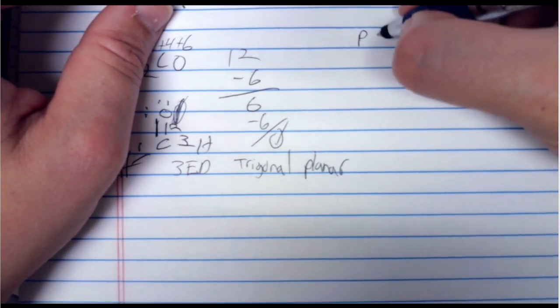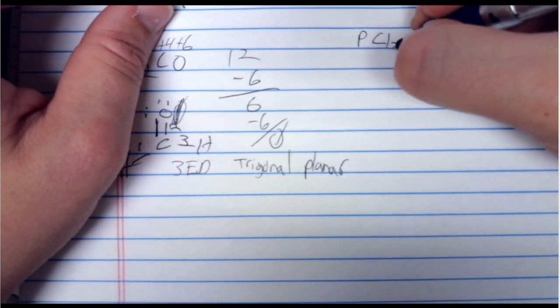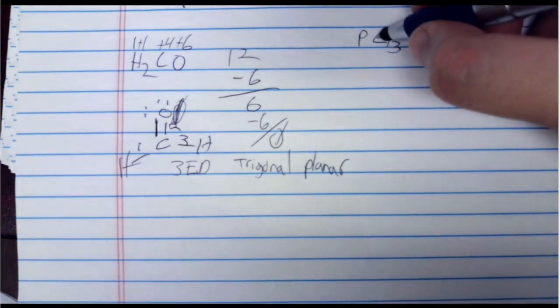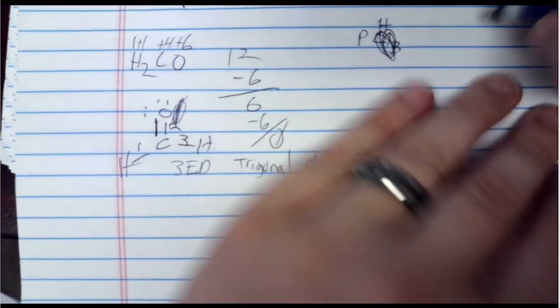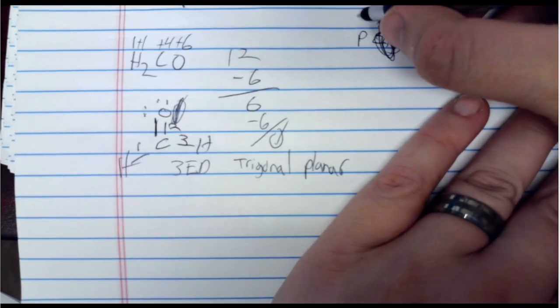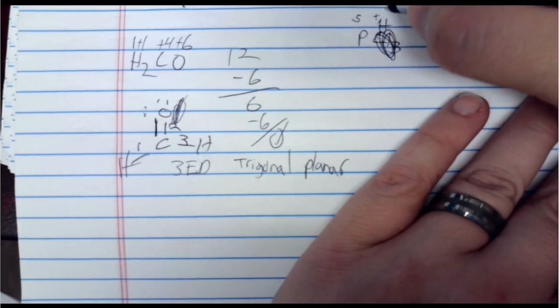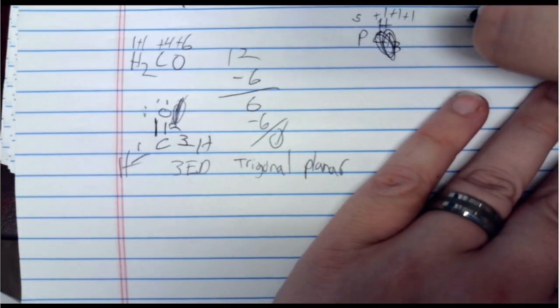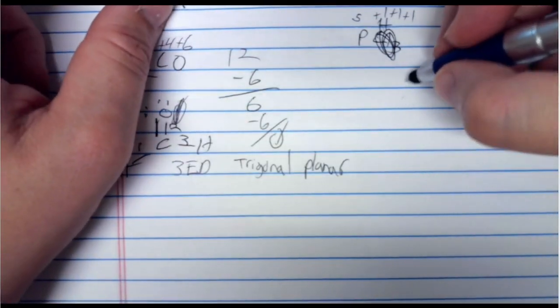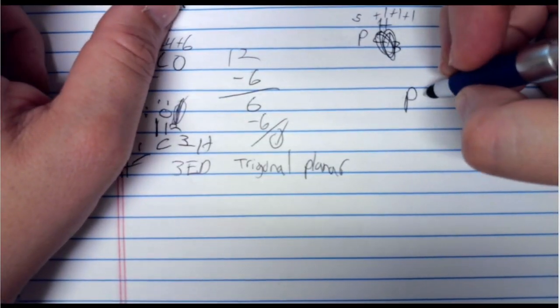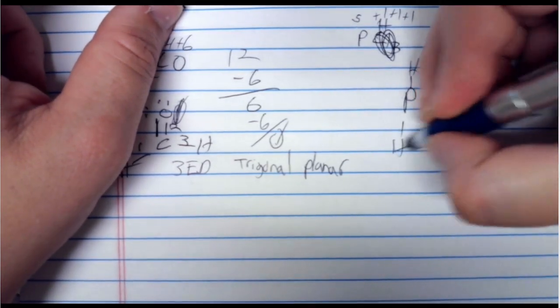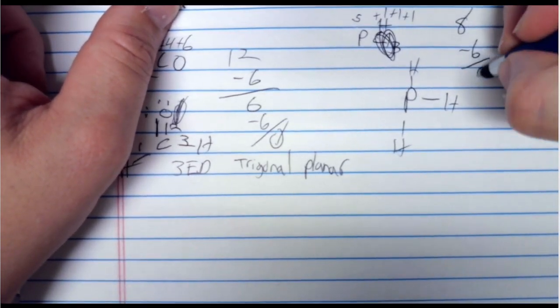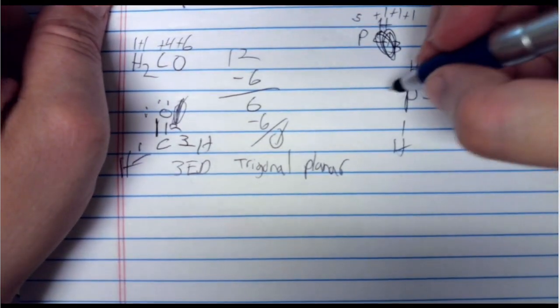What if I did PCl3? Actually, I'll do PH3. I'll just make my life a lot easier. 5 plus 1 plus 1 plus 1. That's 8. They're not always going to be this easy, but so H, that uses up 6. 2 left to place.